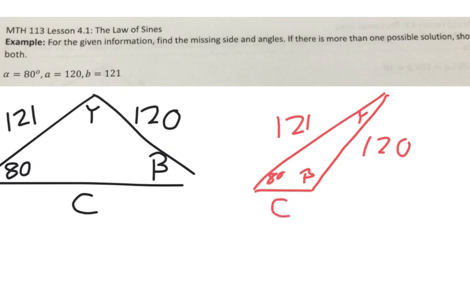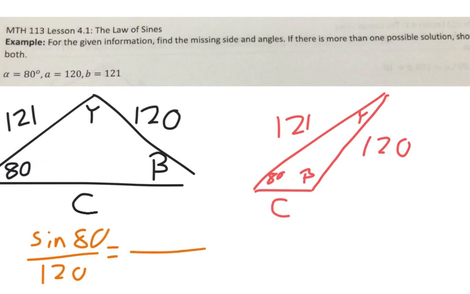And this would be C. So now I know one ratio for sure: sine of 80 over 120 equals... I have to find beta next, right?